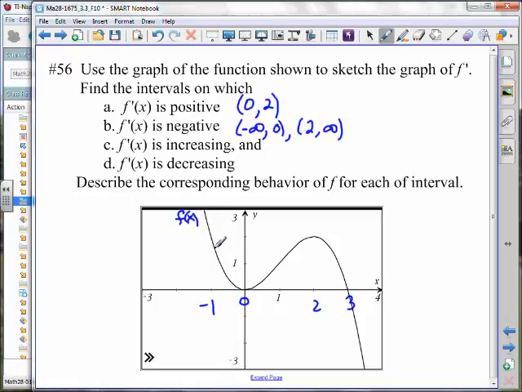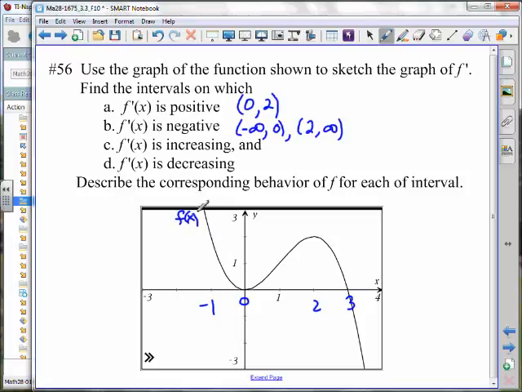Is the first derivative increasing here? The first derivative is a tangent, right? So is the tangent, and we're talking about slope of the tangent, is the slope of the tangent increasing along here?